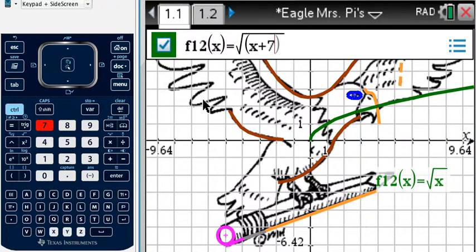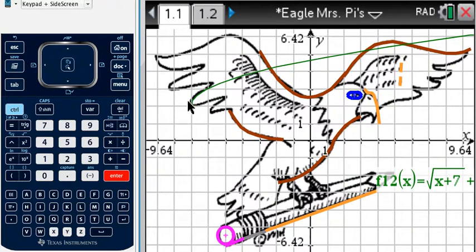So I'm going to do a plus 7 there. And then outside of the radical, notice I've moved my cursor so it's outside of this radical box, I'm going to add 2 to it, and I'll just do a plus 2. And when I do that, I get this really awesome curve that looks like it fits that feather really well.